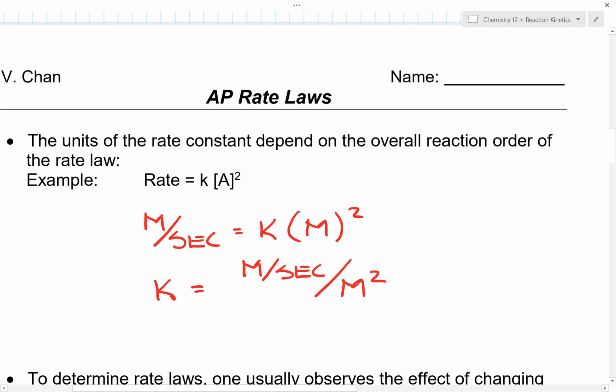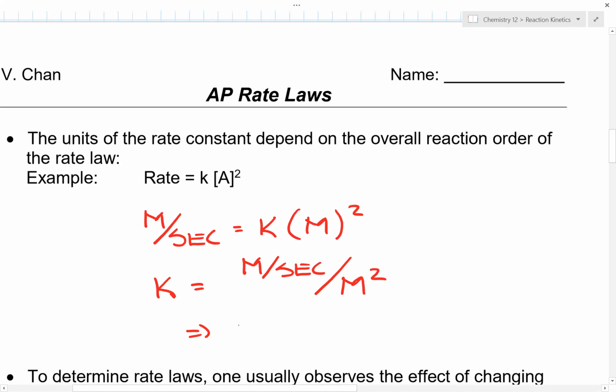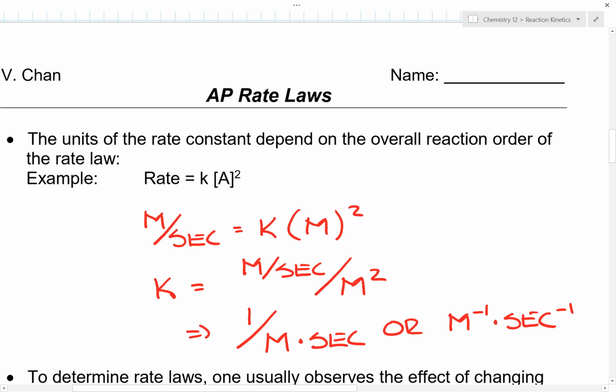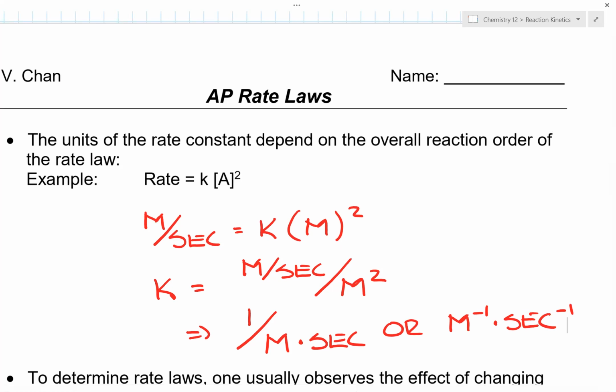What you would have is 1 over molarity times second, or we could say it is molarity to the minus 1 times second to the minus 1. So this unit depends on what order the rate law is.